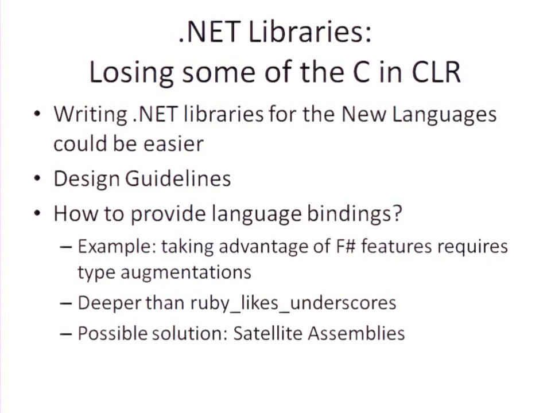Second thing we need is some standard way to implement language bindings. For example, in F#, there are certain language features that require type augmentations. You have to write a little snippet of F# code that adds a method to a type in your library to make it work with F# properly. So it's more than just the naming issues that Ruby had. It's more like, how do I use this?